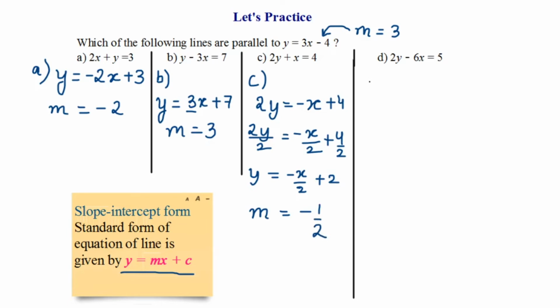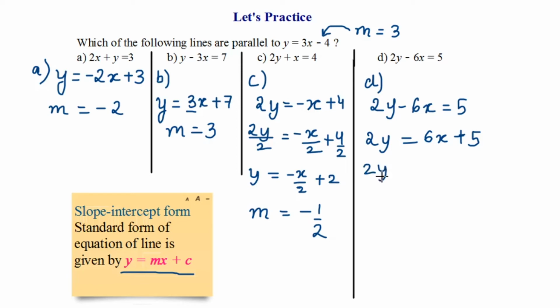Let's move to the D part. We have 2y - 6x = 5. We'll do it the same way as we did for the C part. First, let's move -6x to the RHS. So 2y = 6x + 5. Now, we'll divide by 2 to make the coefficient 1.